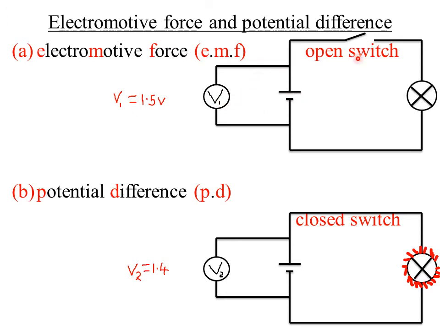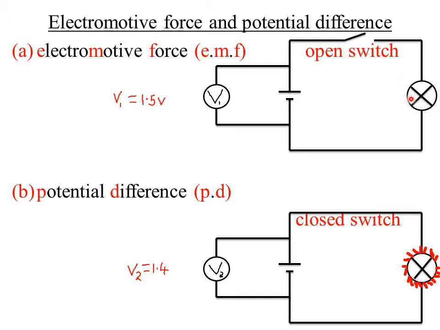So electromotive force can be defined in two ways. One is that the electromotive force of a cell is the voltage across the terminals of a cell when it is not supplying any current to the circuit. Or the electromotive force of a cell can also be defined as the voltage across the terminals of a cell in an open circuit.